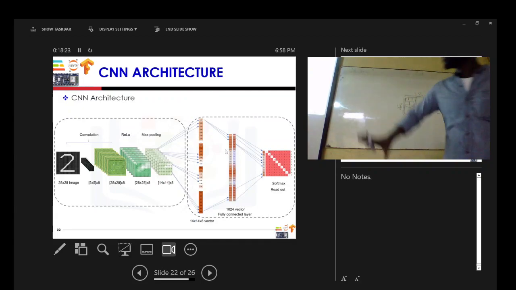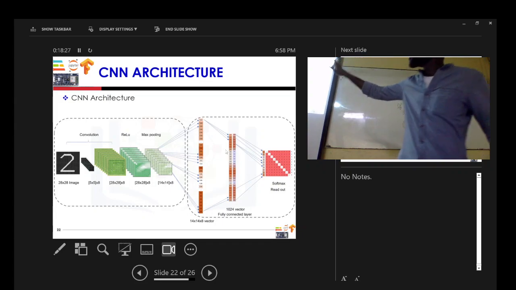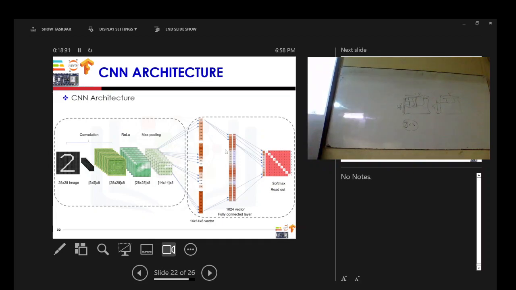So this is the entire architecture of a CNN, a convolutional neural network. You have the input image here. If you take the MNIST data set, it's a 28 by 28 image. Then you have your filters. This is a 5 by 5 filter, and there are 8 of them, so that's why you see 5 by 5 by 8.